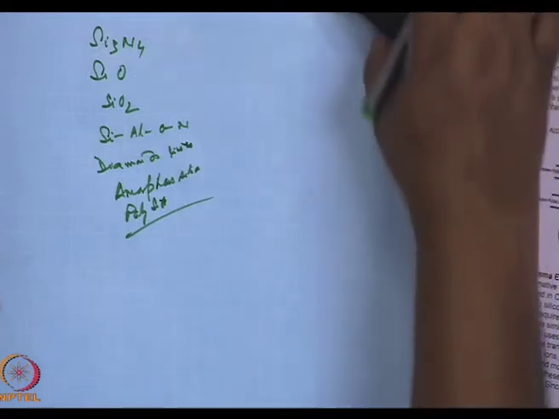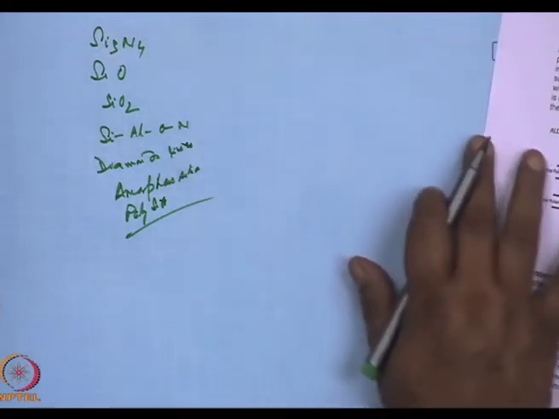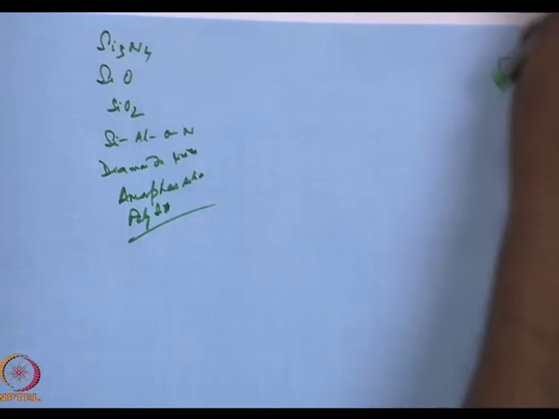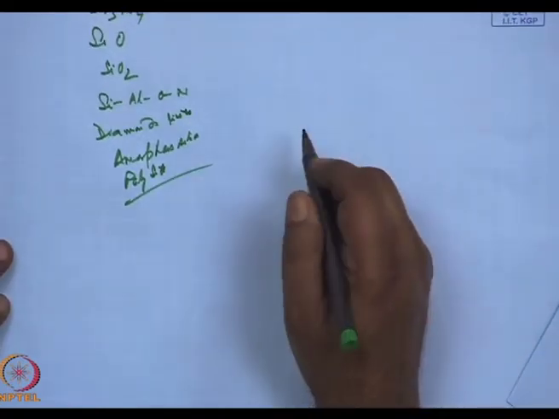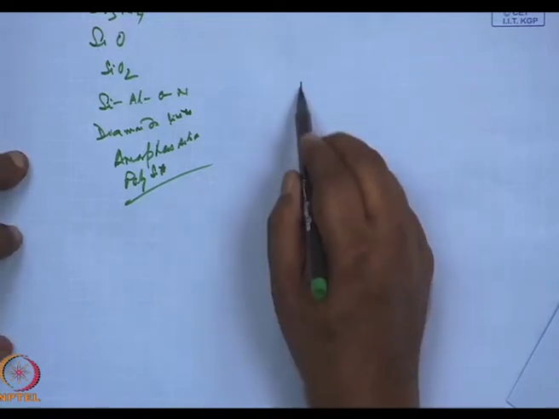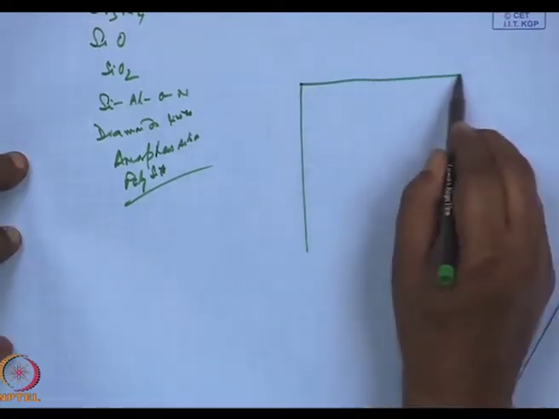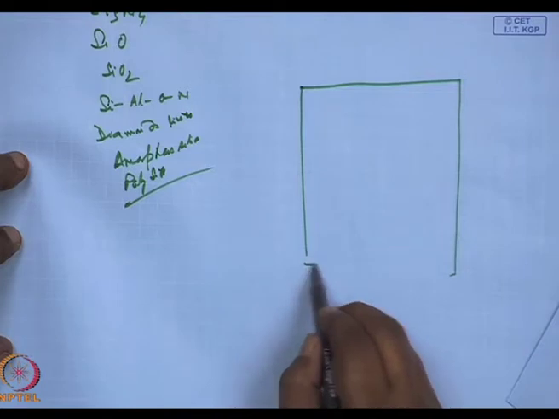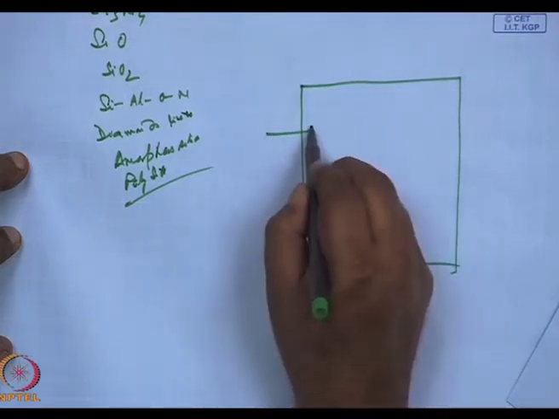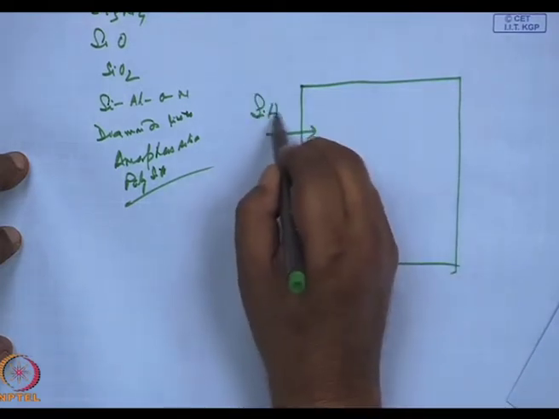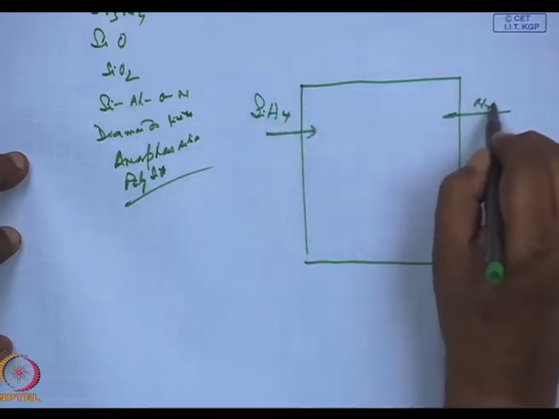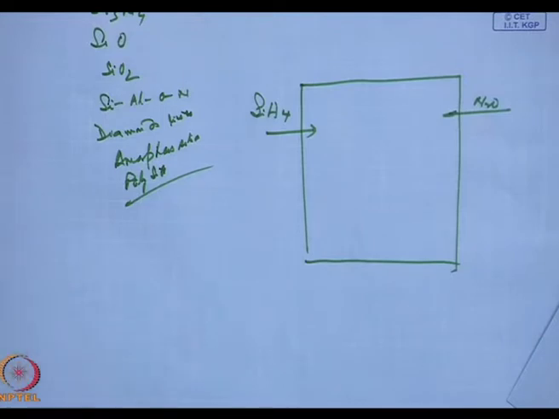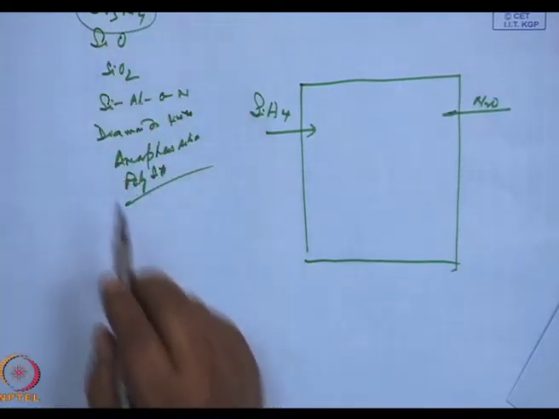Now, let me show you an interesting technology for accelerating plasma enhanced chemical vapor deposition. This is the reaction chamber through which we pass in silane, and through this end we pass in N2O. Our goal is to get silicon nitride.